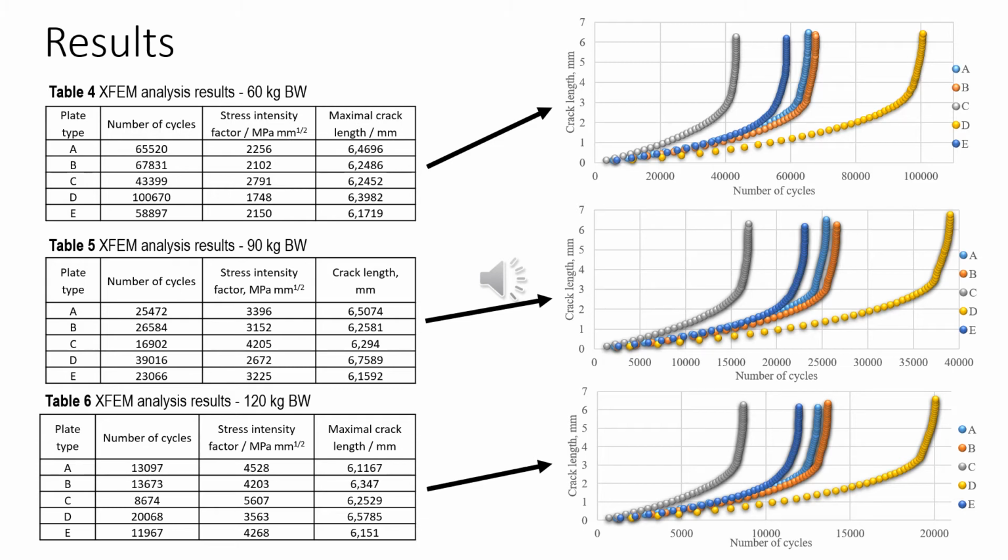If you compare plate B in these 3 figures, you can see that almost 5 times is the ratio between 60 and 120 kilos, of course in favor of the lighter body. And if we compare 60 and 90, then plate D would have about 2.6 or 2.7 times longer life for the lighter body.